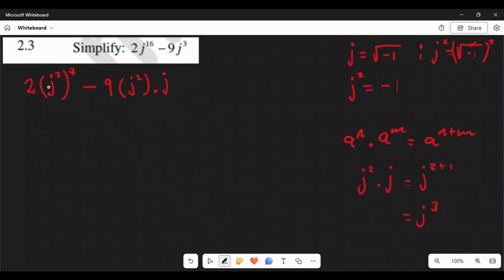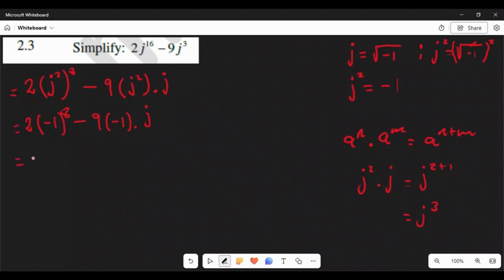So from there we know that j squared is the same as -1. So we just substitute here -1 to the power of 8 minus 9. But then this one here is just going to be -1 multiplied by j. You guys see?